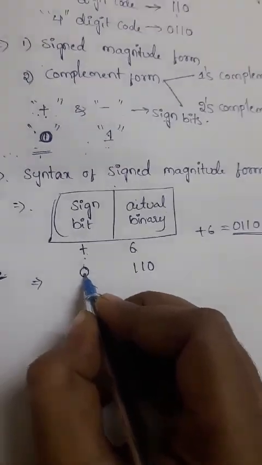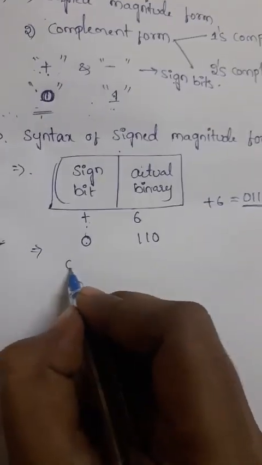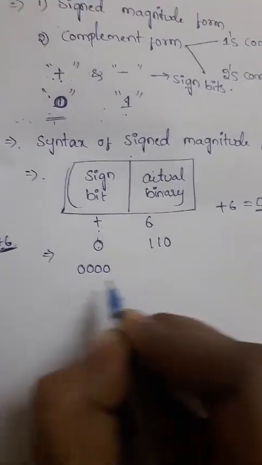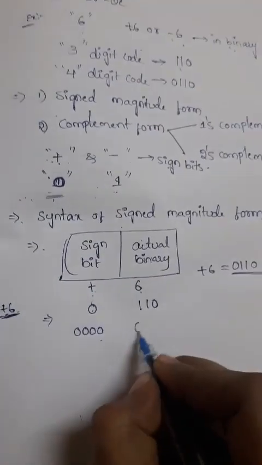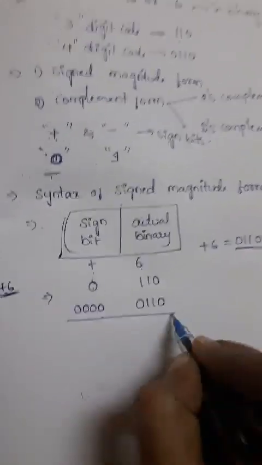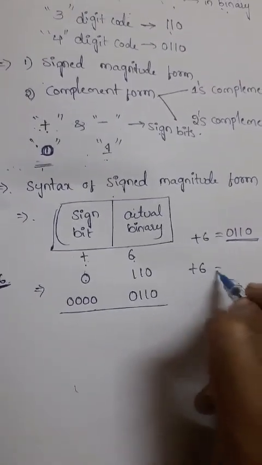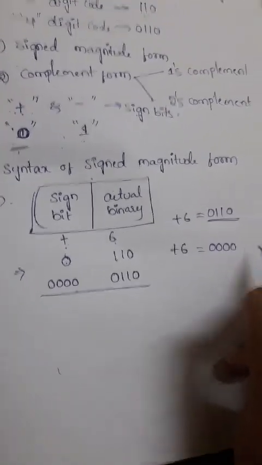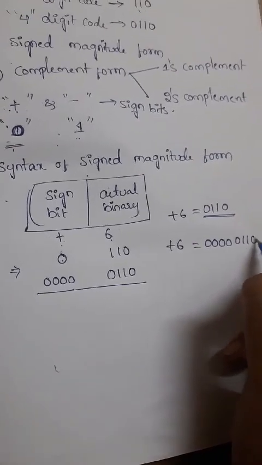If you want to represent it in a 4-digit code, for plus we represent the 4-digit code as four zeros, and for 6 the 4-digit code is 0110. So for plus 6 in 4-digit code we can represent it as four zeros and 0110.